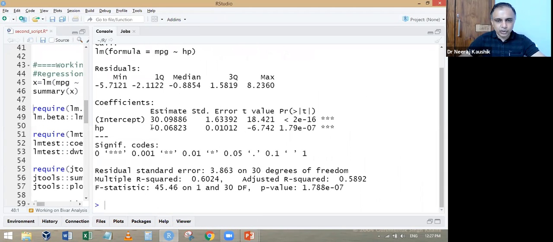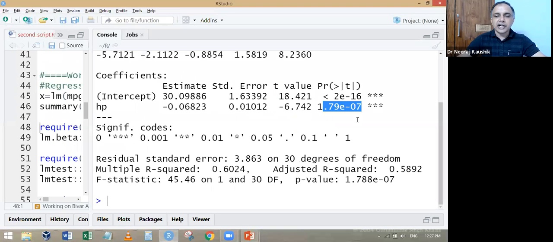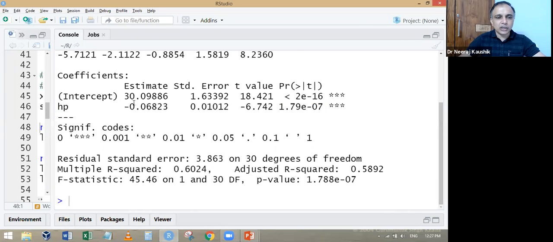Again, I have to reduce it down. Now HP says the P value is 1.7 E minus 07. Remember, when it's a negative sign, it means the value is very, very small. When the value is very small, I say the null hypothesis is rejected. This value is not equal to 0. This is the point I was looking for.